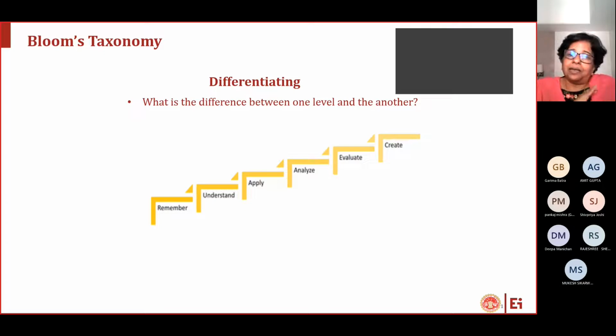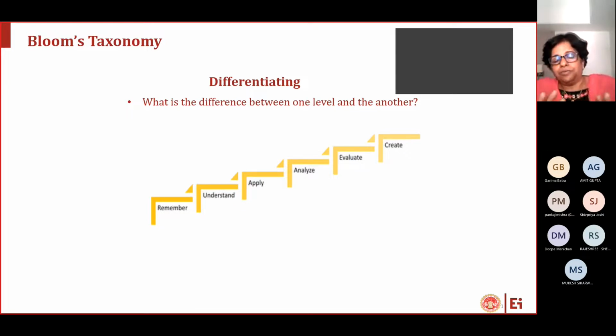It is very important to understand that these skills are in a continuum. They are not discrete skills. So as you move up the skill ladder, suppose the child is in the understand step, we assume that the child has mastered the remember step. So the higher they go, we assume that the lower skills are already there.